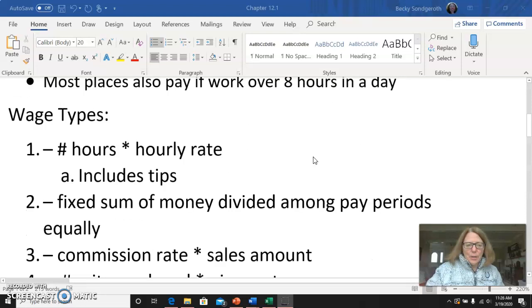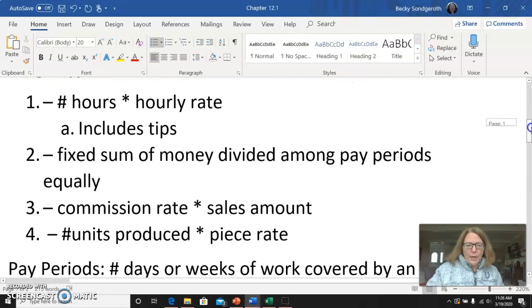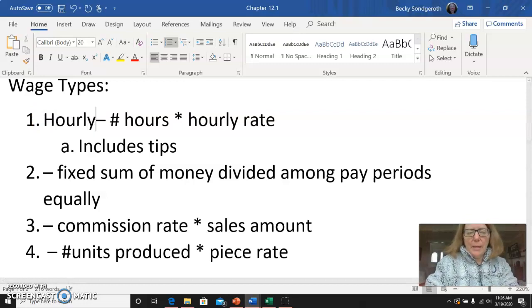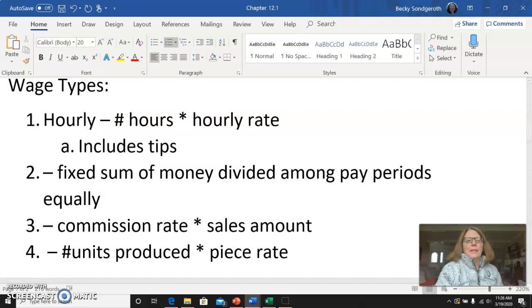So then let's talk about the wage types. There are 4 different wage types that we want to talk about. The first one is the hourly wage, which is most likely what you guys are. And that's simply taking the number of hours you work in a week times some hourly rate, and it does include tips.